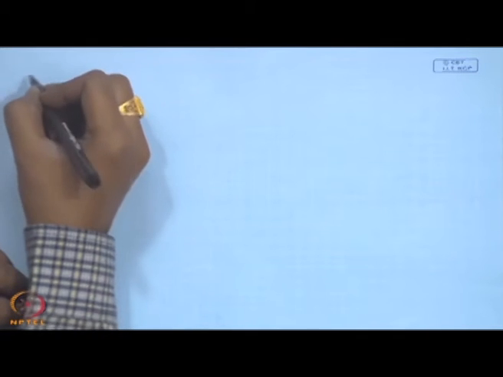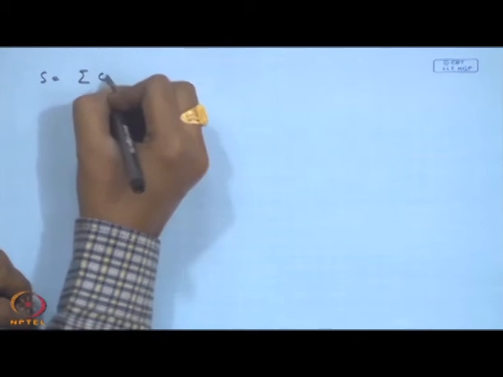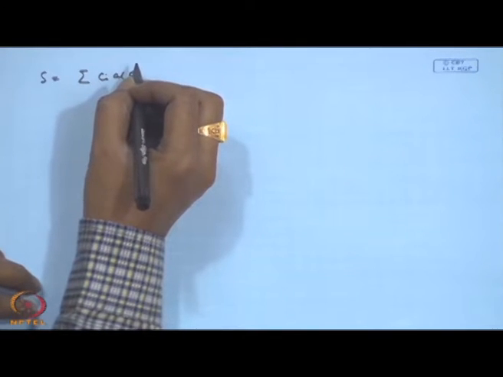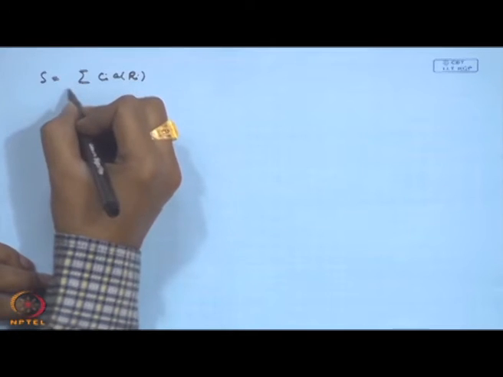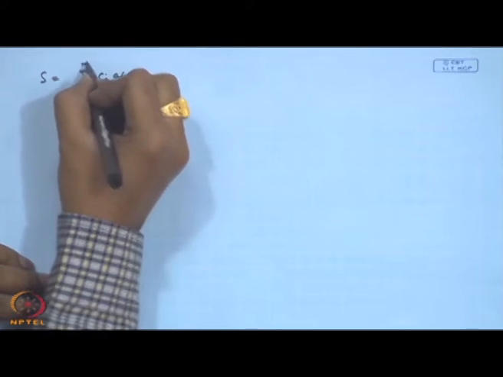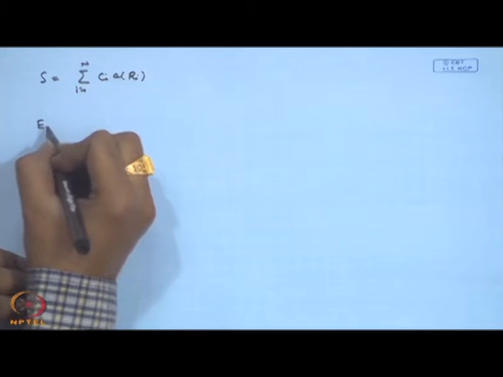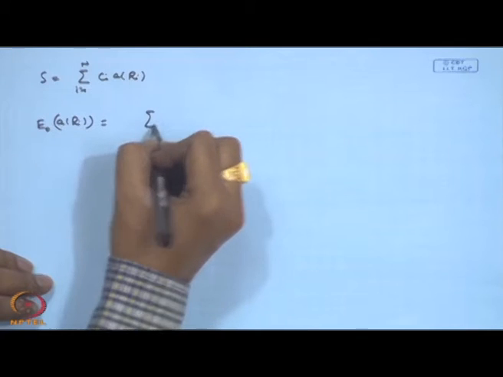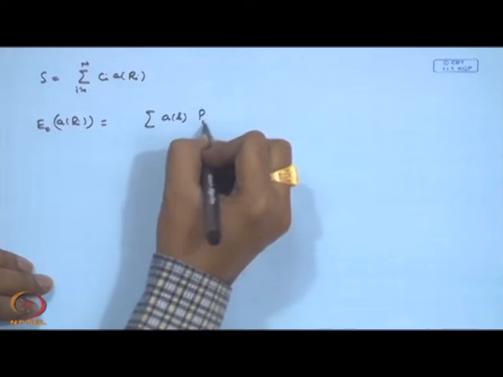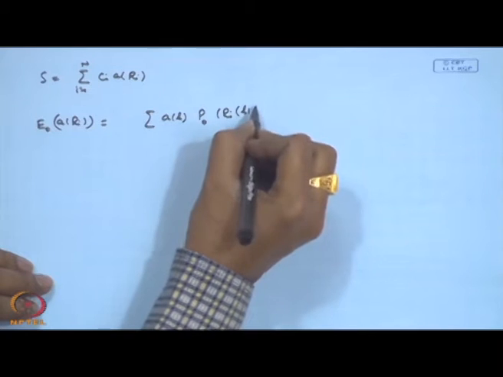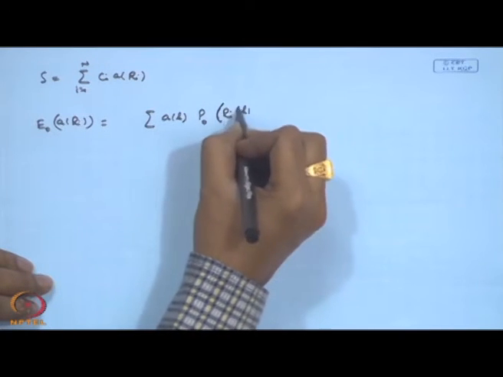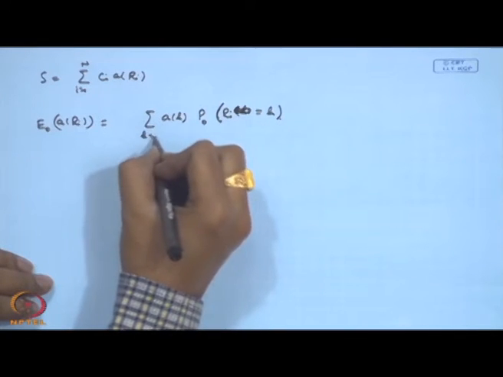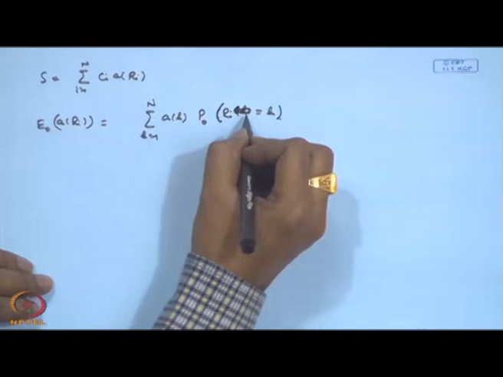Let us consider now S is equal to sigma c_i a(R_i). That was our expression for the simple linear rank statistic. So, if I consider expectation of a(R_i), that is equal to sigma a(h) probability that R_i is equal to h. This will be for h is equal to 1 to n, because R_i can take values 1 to n here.